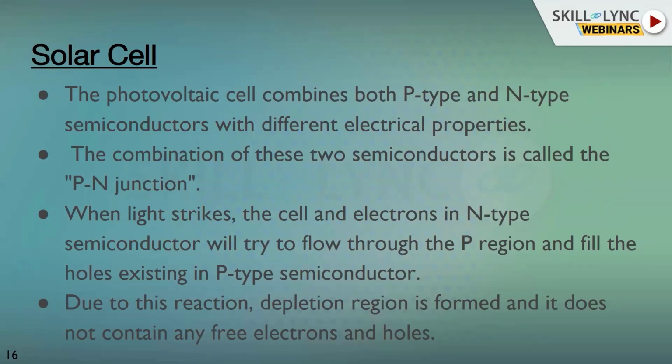The n-type semiconductor's electrons will try to flow through to the p region and fill the holes of the p-type, and that is called the depletion region.